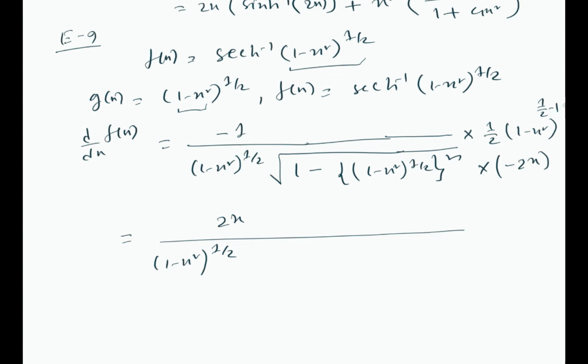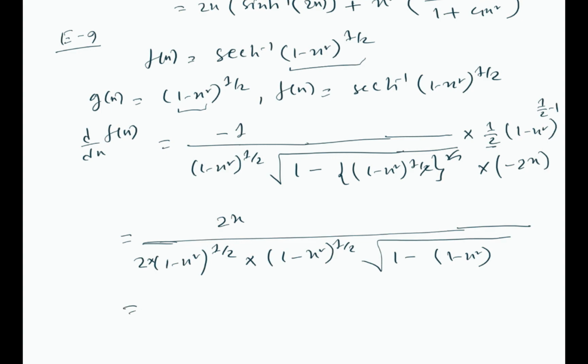So this is in the numerator. If we take it in the numerator, it would be the same thing, 1 minus x squared all to the power half, right? And we have 2 here, so we can write this 2 here, no problem. We can write it here, and then in the denominator we have square root, so we need to write this, and it will be 1 minus. These 2 and these 2 get cancelled, so we can write only 1 minus x squared, right?